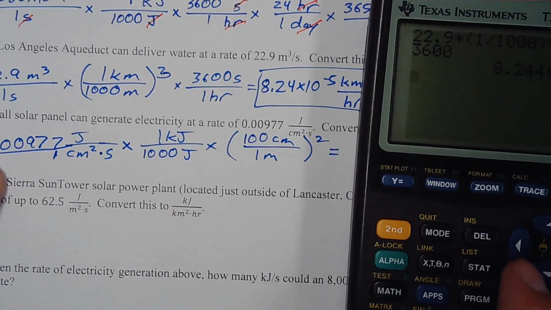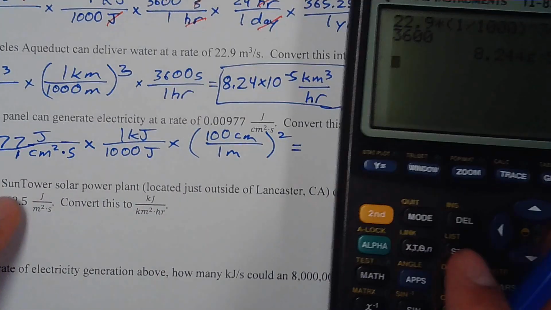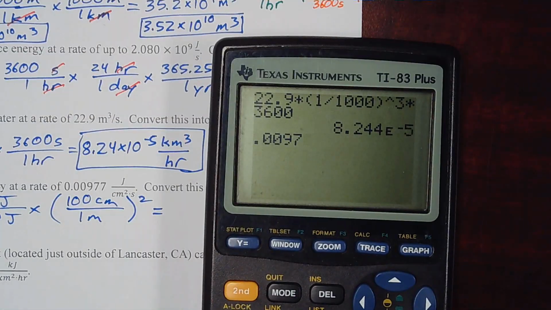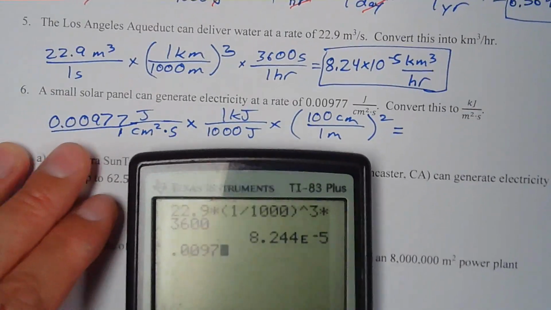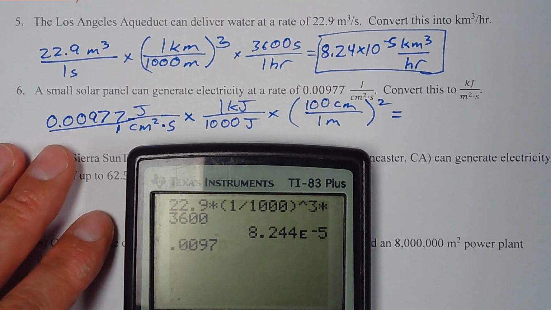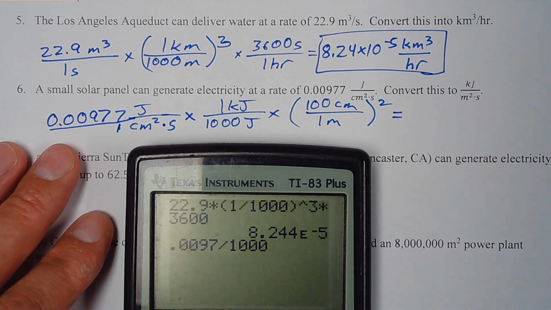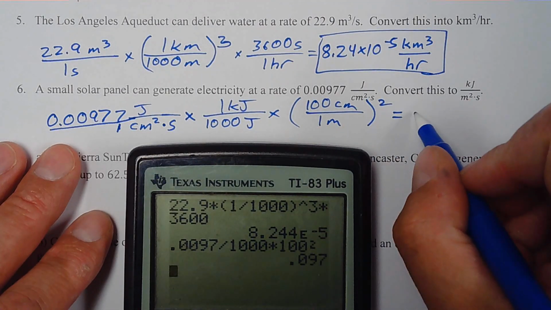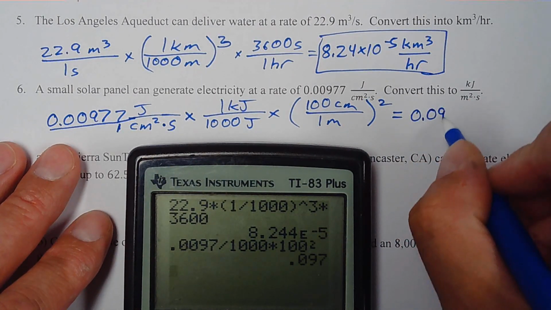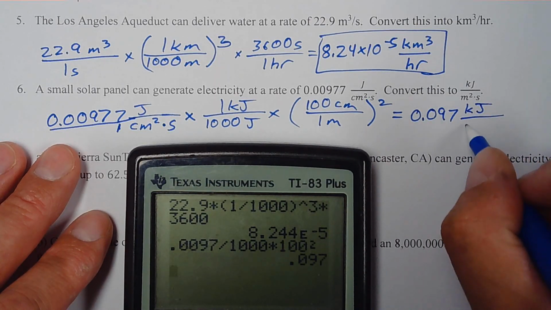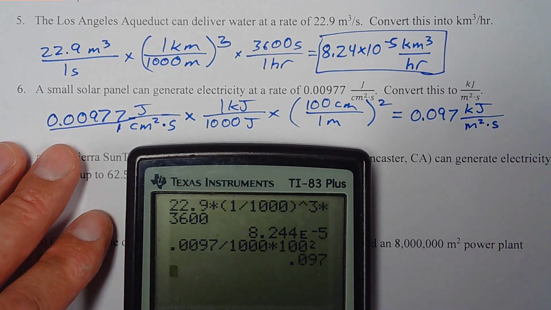All right. 0.00977, you can't read that. Let's do this so you can read everything. 0.00977 divided by 1,000 times 100 squared is 0.097 kilojoules per square meter second.